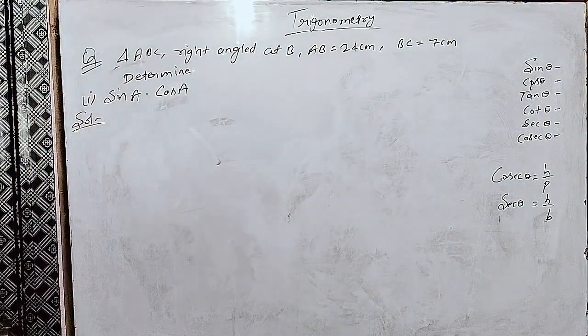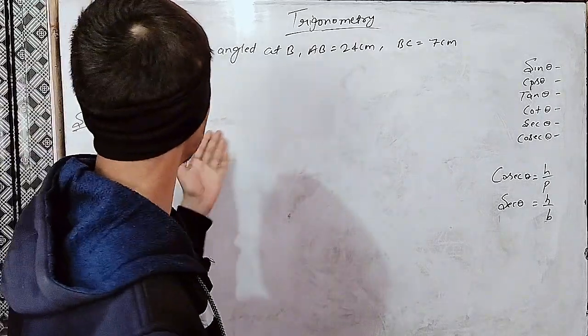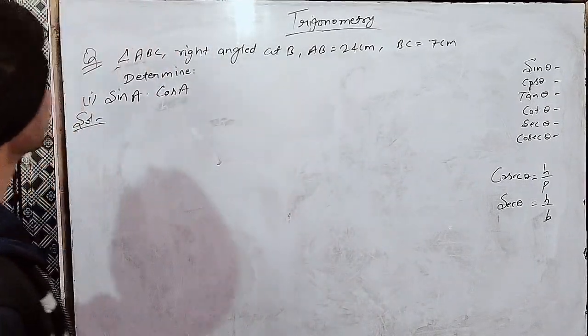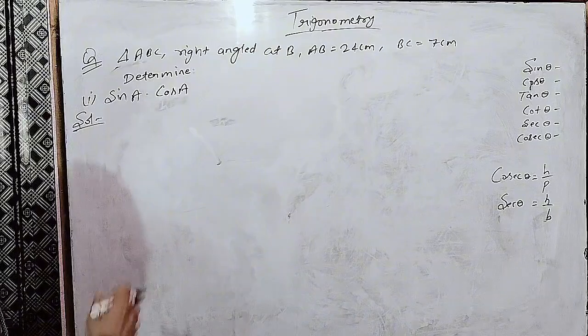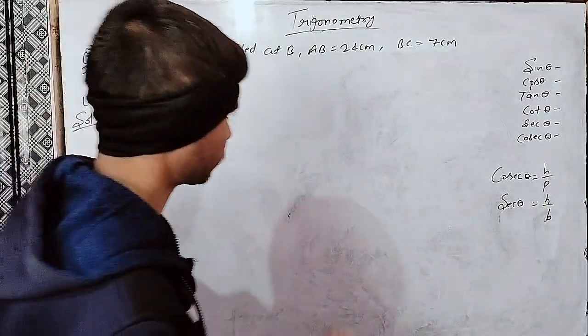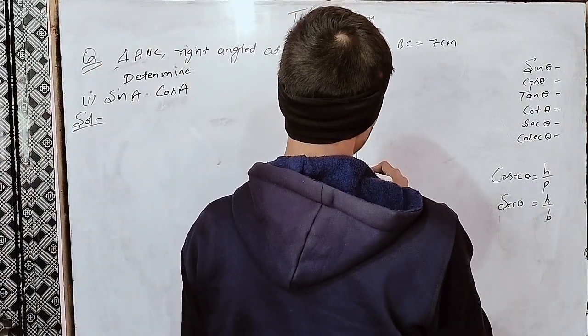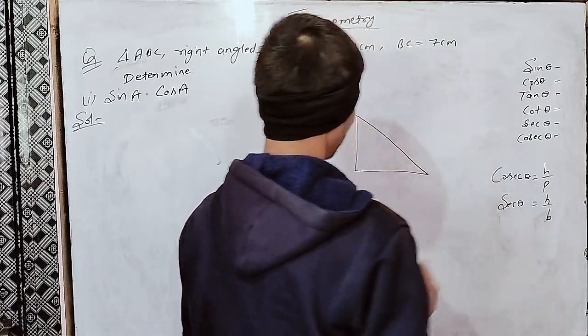Here, it is saying from the beginning. Right. We have a triangle.